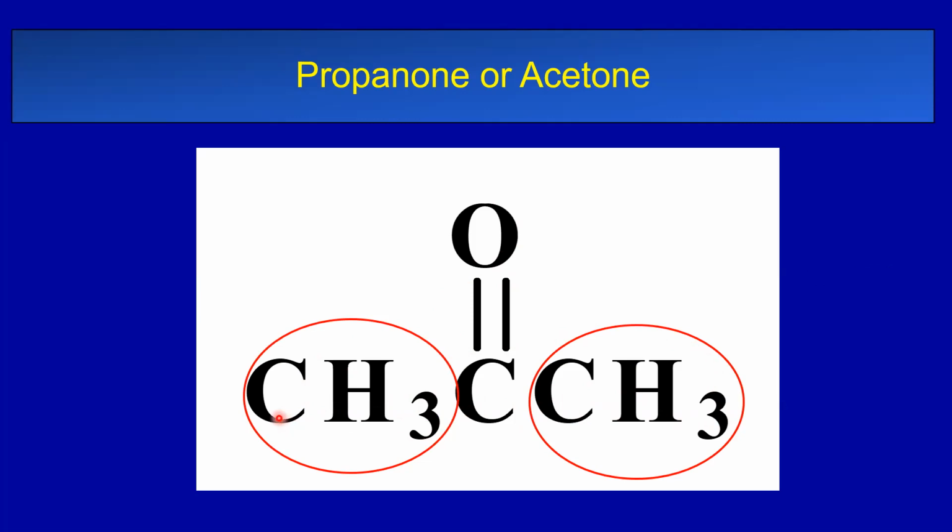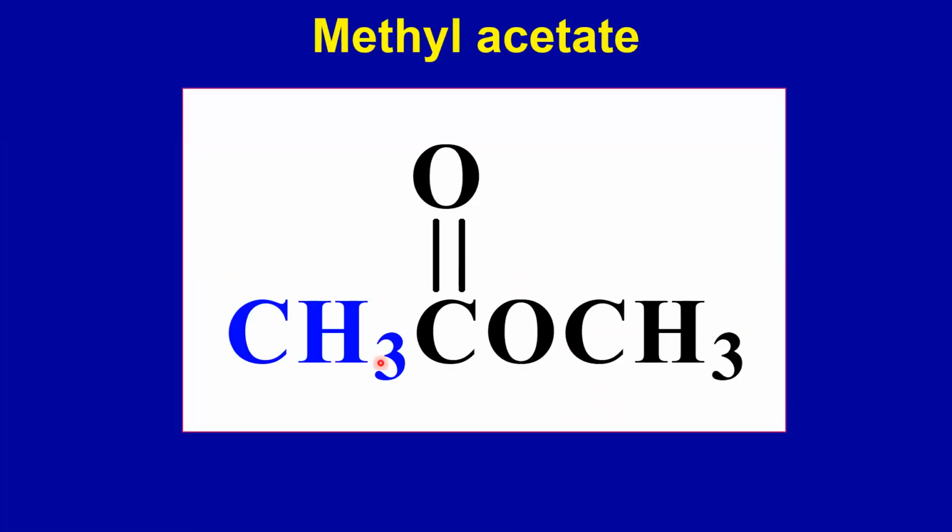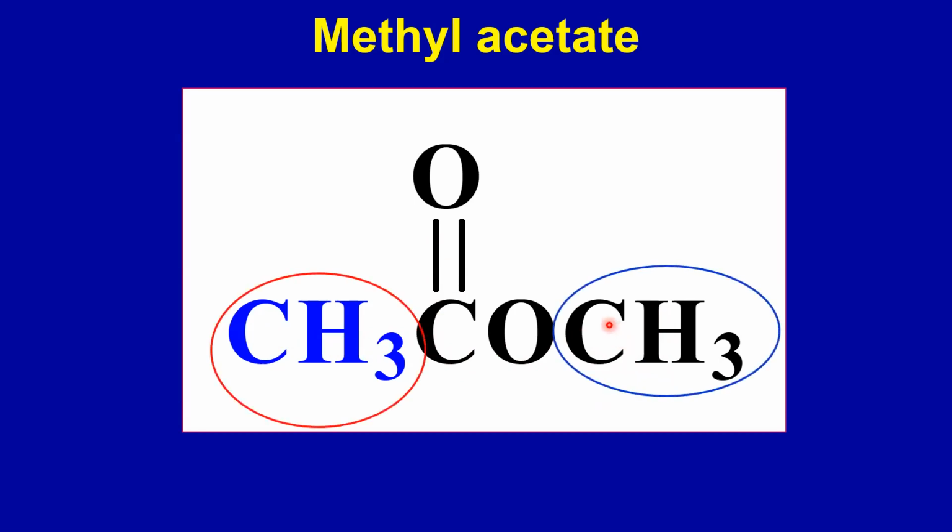So naturally, these two are equivalent. Therefore, 6 protons are in an equivalent, similar environment. Now look at here. These protons are different compared to these protons, because this carbon is attached to the carbonyl carbon, and this carbon is attached to oxygen. So naturally, the protons attached to this carbon will be in a different environment. Therefore, it will give 2 signals.